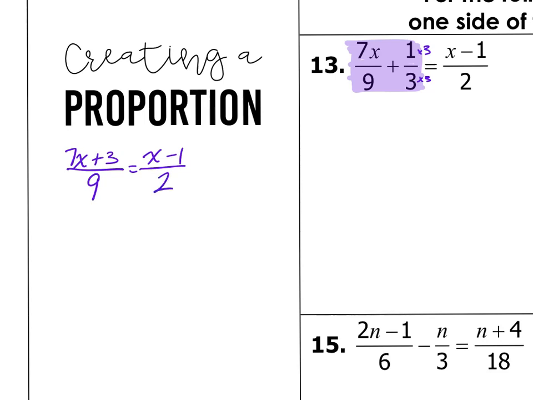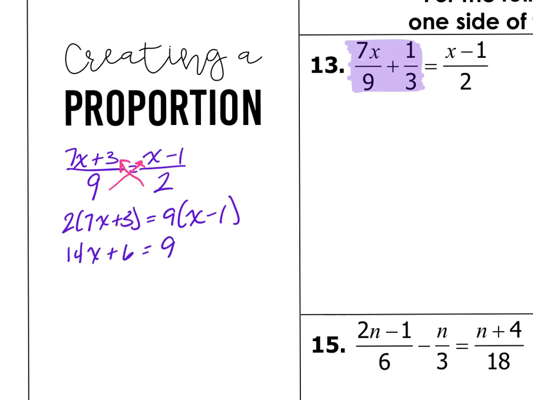Now we're going to cross multiply, just like what we've been doing, and solve. So I get 2 times 7x plus 3 equals 9 times x minus 1. So 14x plus 6 equals 9x minus 9.